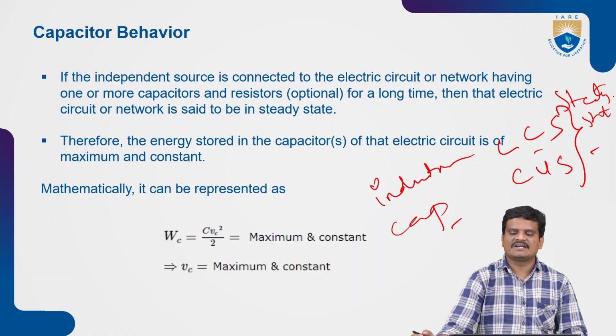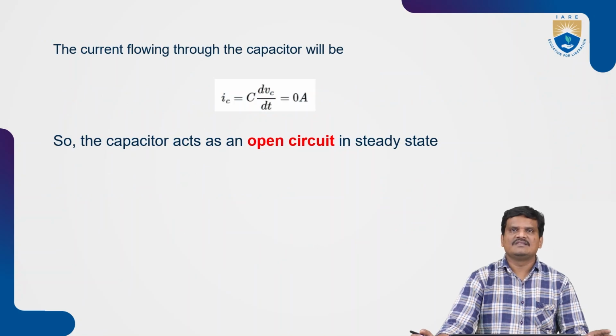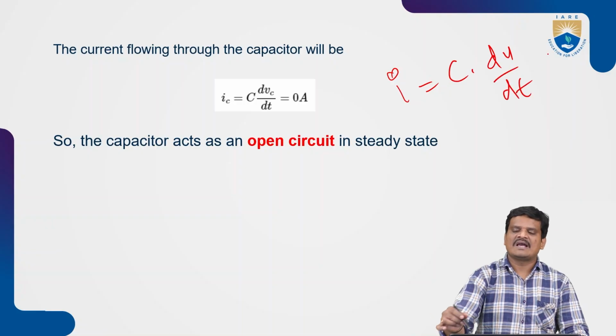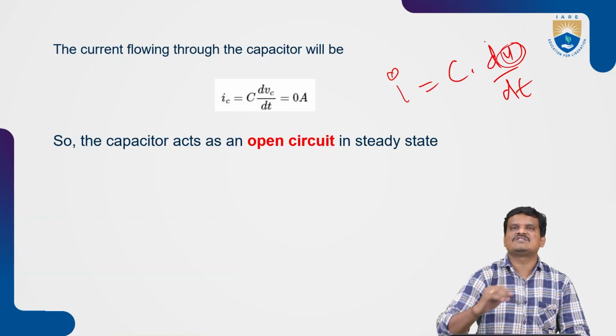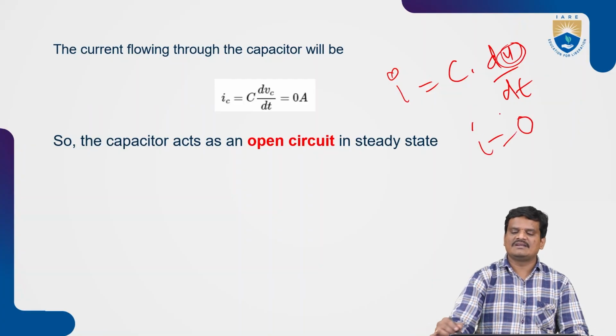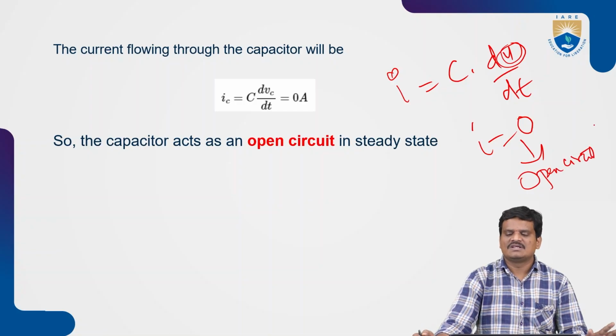When voltage is maintained as constant in this circuit, the general expression for current in a capacitor is C into dV by dt. As voltage is constant, the differentiation of this constant can be given as what? 0. So if the current is 0, in general it is indicated by an open circuit state.